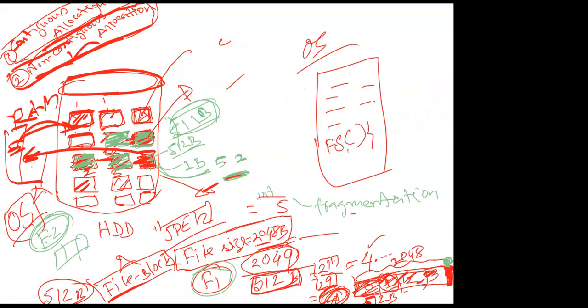This file system function is responsible for reading some data from the hard disk and also writing some data to the hard disk. This function actually performs this operation. The file system is an operating system function, already inside your operating system code.